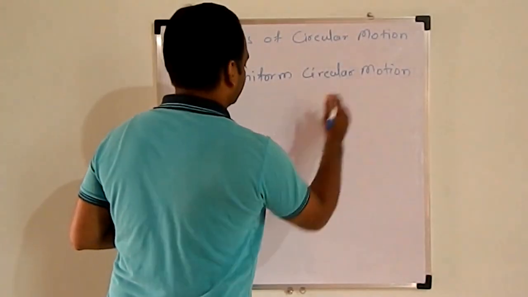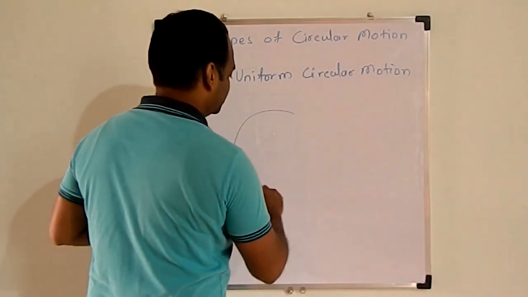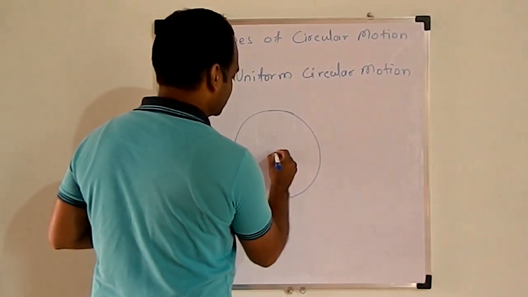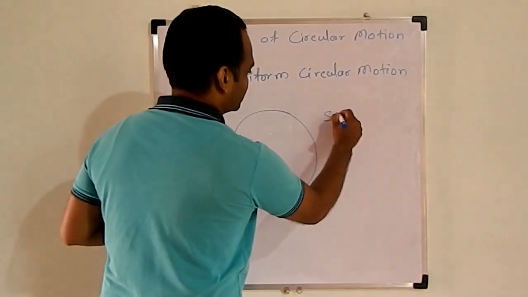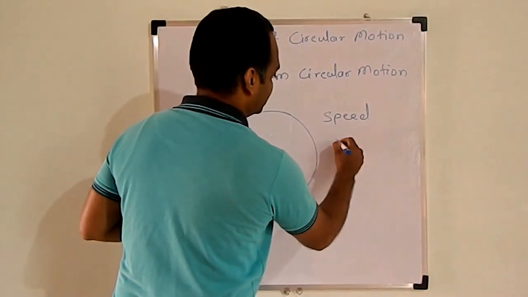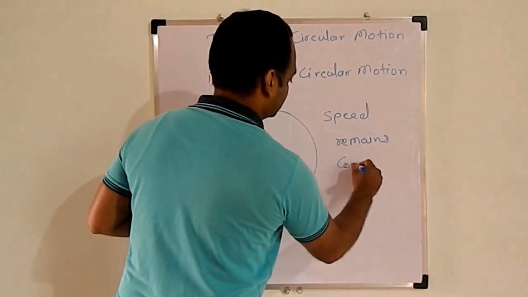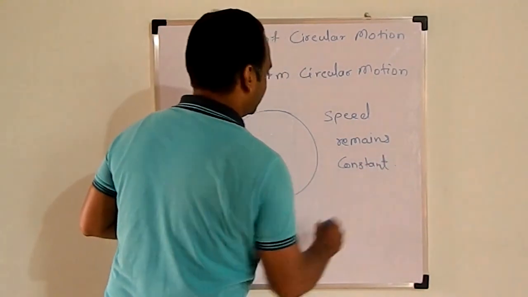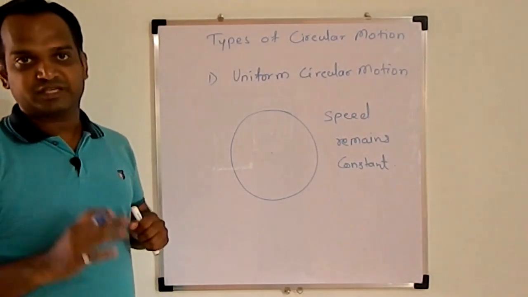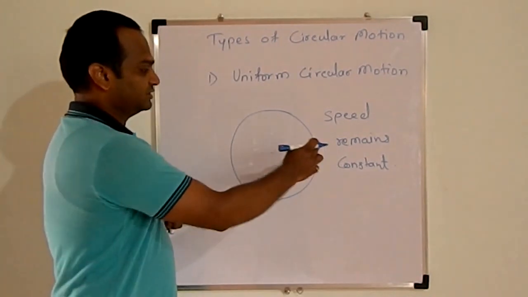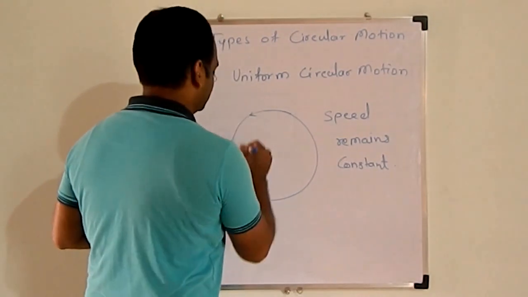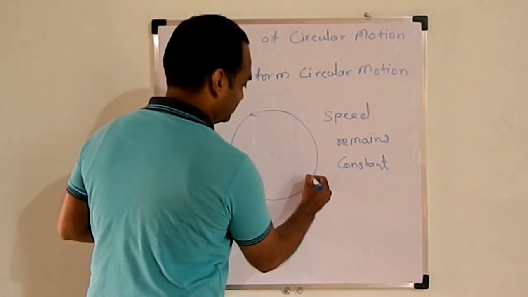In uniform circular motion, when the object is rotating along a circle, its speed remains constant. So when the speed of an object or particle remains constant, it is called uniform circular motion.